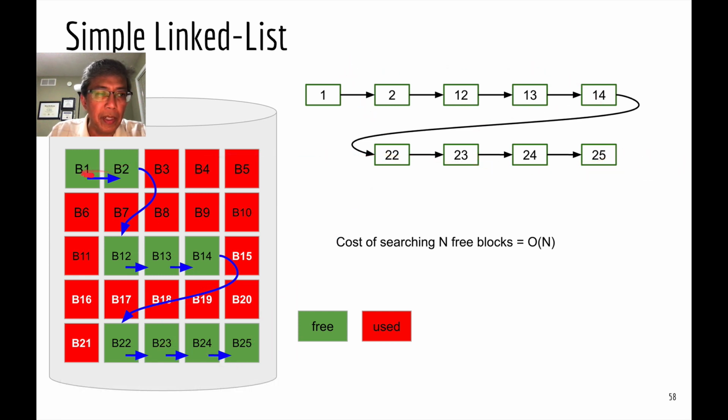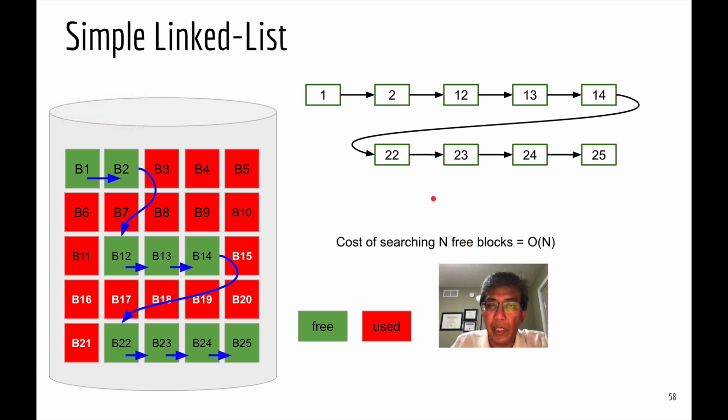In order to implement this idea, we do have to spare a few bytes in each block to be reserved as a pointer to the next block. So when we need to look for n free blocks, we have to follow n pointers into our list. So the cost of searching for free blocks is essentially O(n).